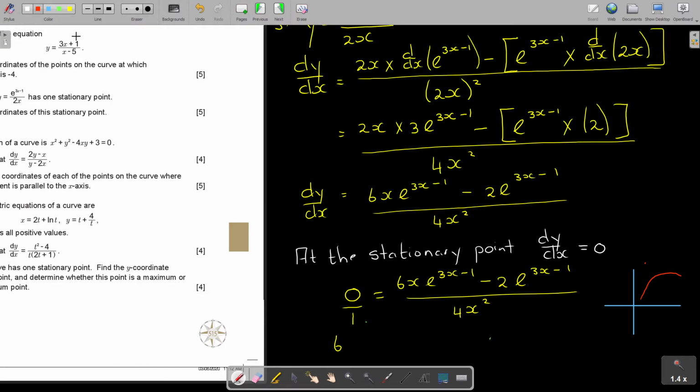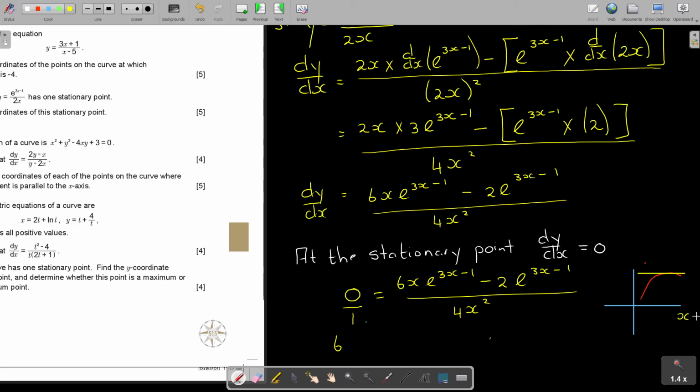Now on the turning point, it's always going to be that is the gradient, on the stationary point, on the turning point. And it's always going to be a line parallel to your what? To your x-axis.